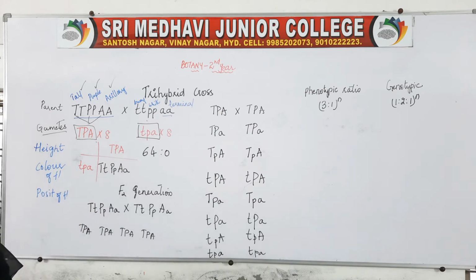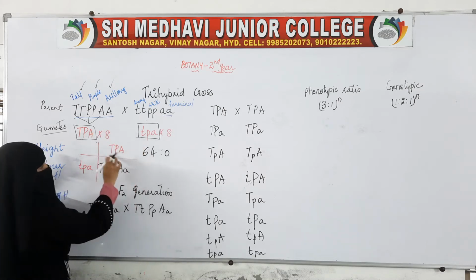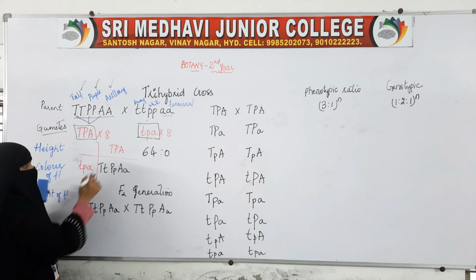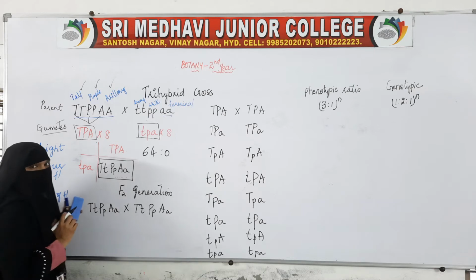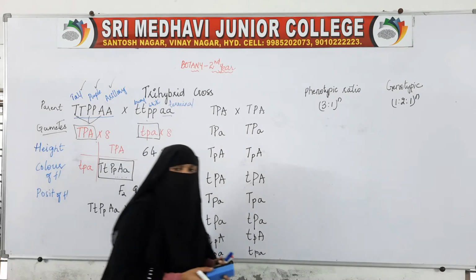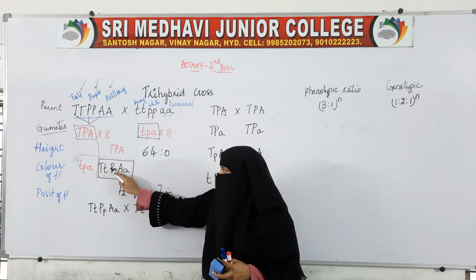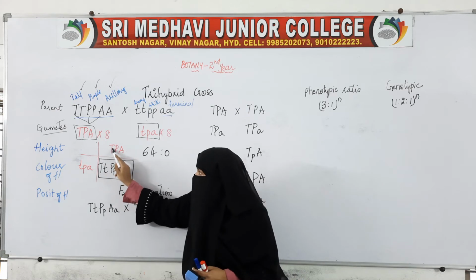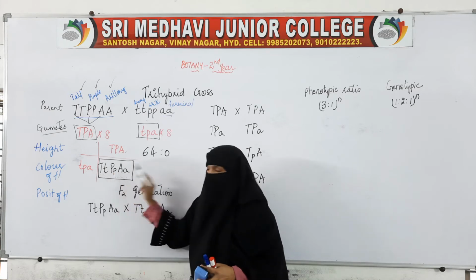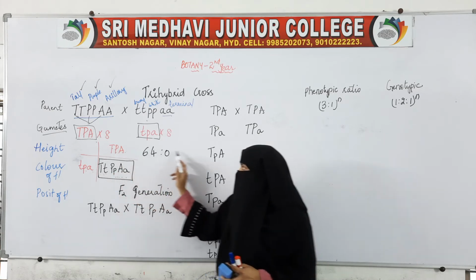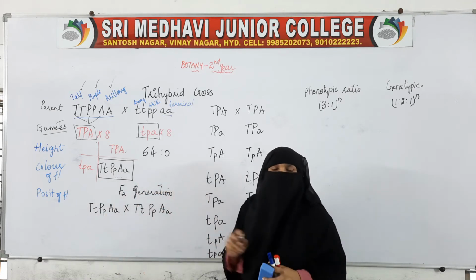In the F1 generation we will get the probable combination with capital T, small t, capital P, small p, capital A, small a. Because all of them are the same here and all of them are the same here, we get the same gametes in the F1 generation.